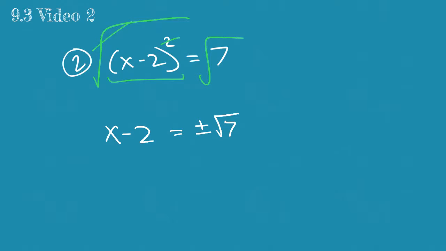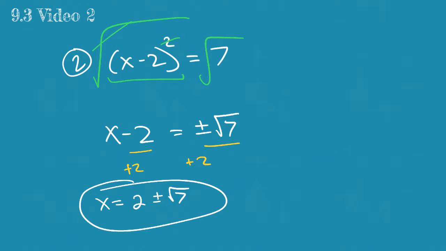Now, since I'm going to add 2 to both sides, and 2 is not a square root number, and 7 I can't reduce, it's not a perfect square, I don't actually have to split this one up into two equations. Instead, I add 2 to both sides, and we just write x equals 2 plus or minus root 7. That's it.